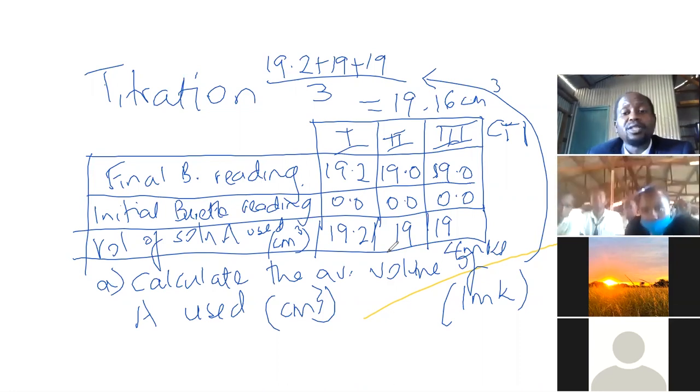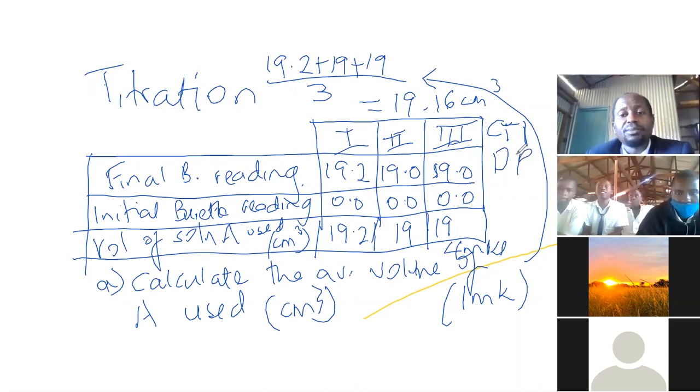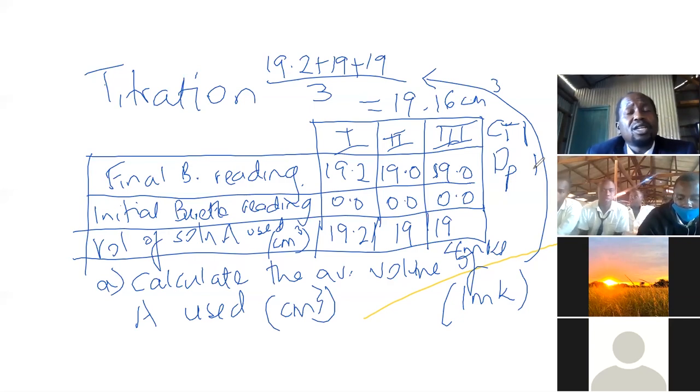The second marking point is on decimal place. Decimal place is normally 1 mark. So you can either score 1 or 0. Again, with the decimal place, the council is looking at to which accuracy have you read the apparatus for measurement that you are provided.